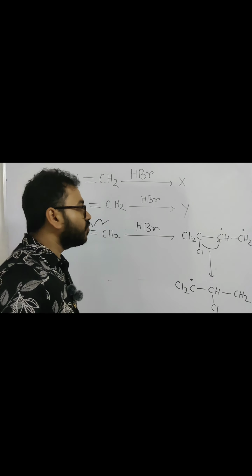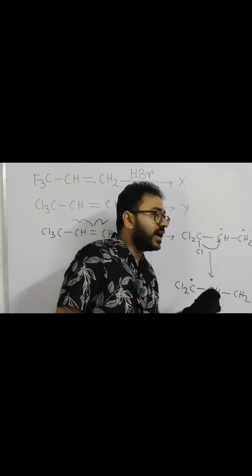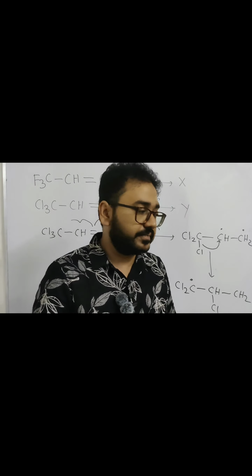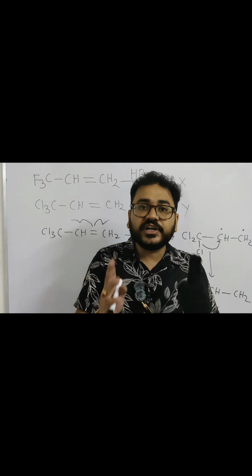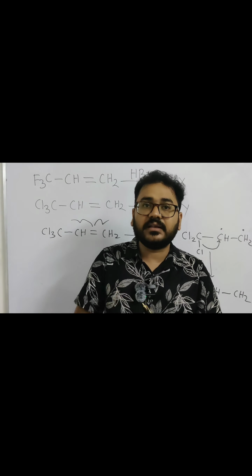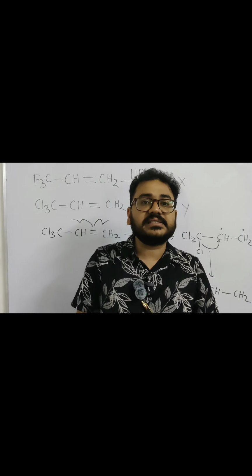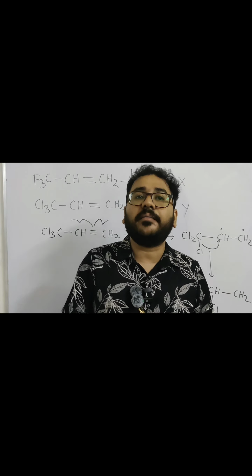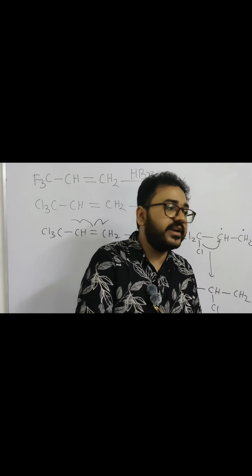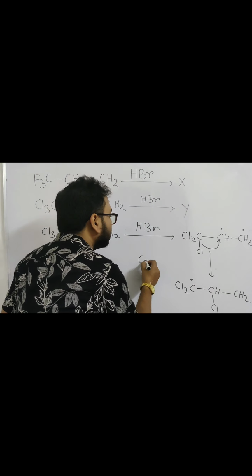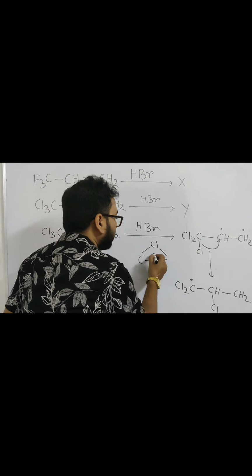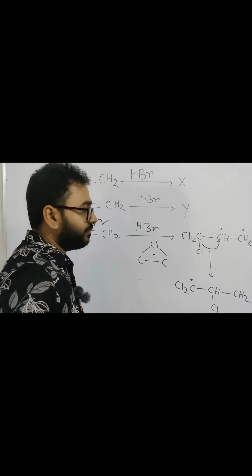But the question is why the chlorine is migrating but not fluorine. Chlorine has 3d orbitals available. Due to this 3d orbital availability, it can migrate or form this type of system.